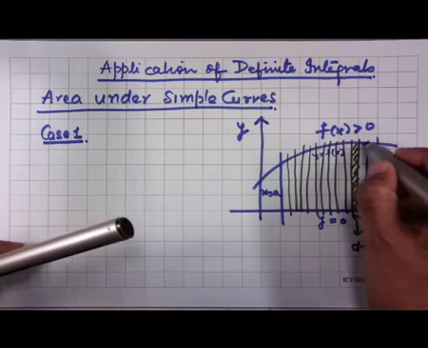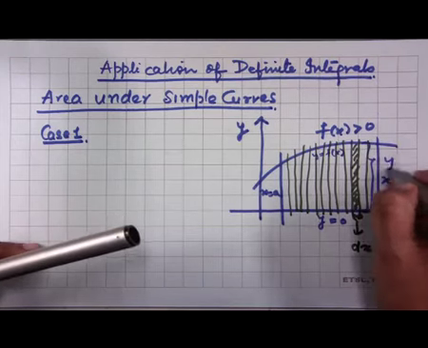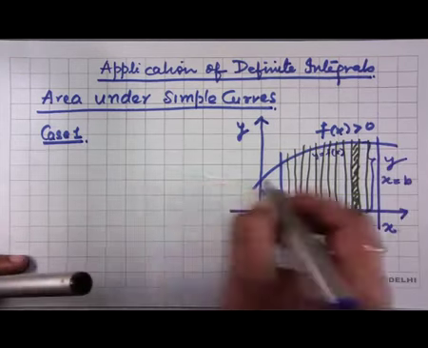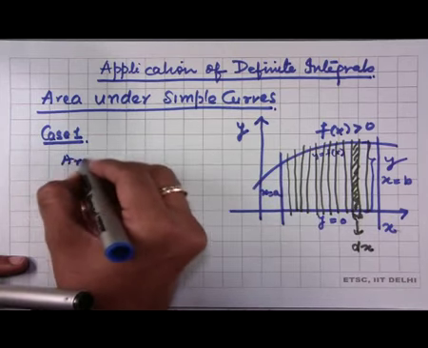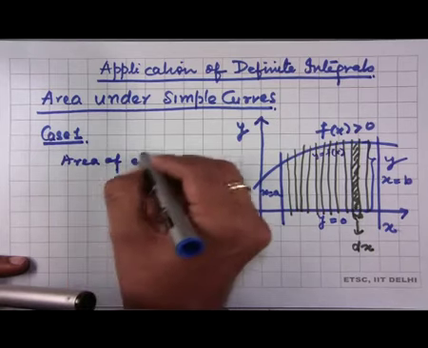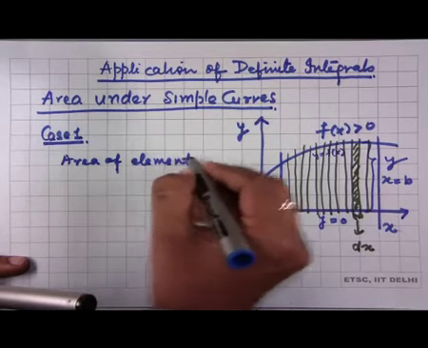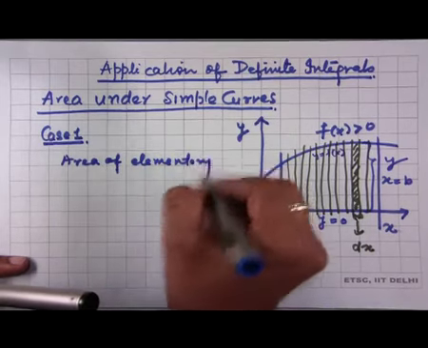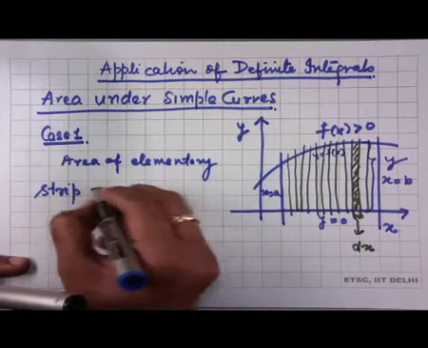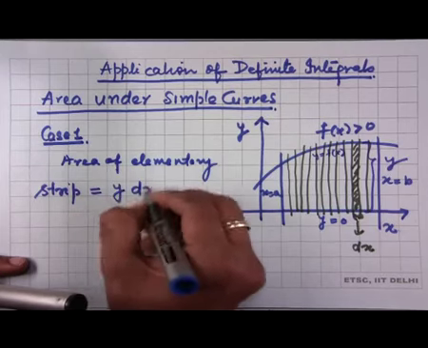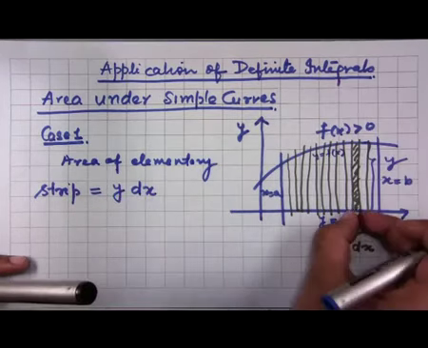So the area of elementary strip or rectangle is y into dx, y is the height and dx is the width.